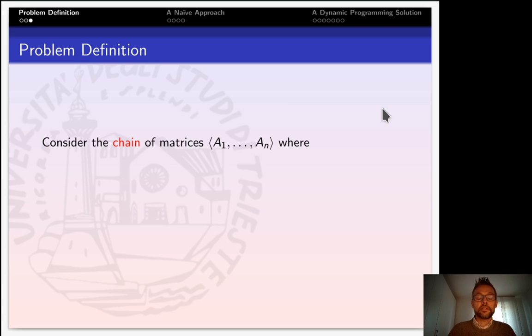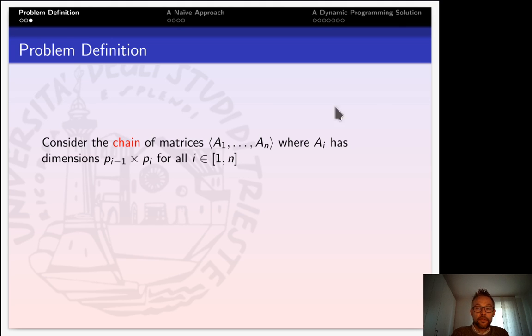Let's consider the case in which we have a chain of matrices, a sequence of matrices A1 to An, which should also be compatible, namely for every i in the sequence, I should be able to multiply Ai by Ai plus 1, of course. This condition is written here.